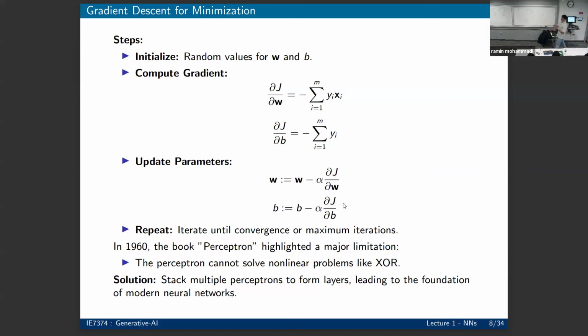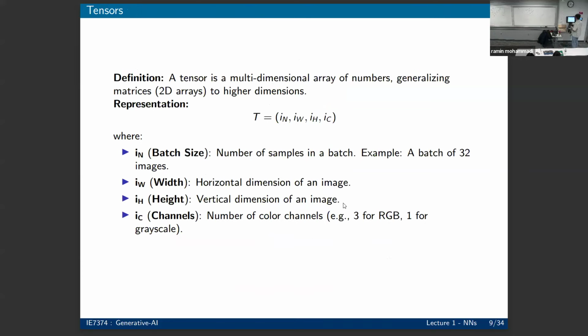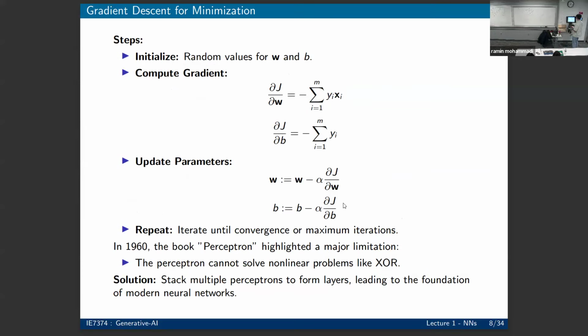This was the idea behind perceptron, but there was a book that came out in 1960 called Perceptron, which pointed out that perceptron cannot solve the XOR problem. This cannot solve nonlinearity. Actually, let's draw it. So what does that mean?